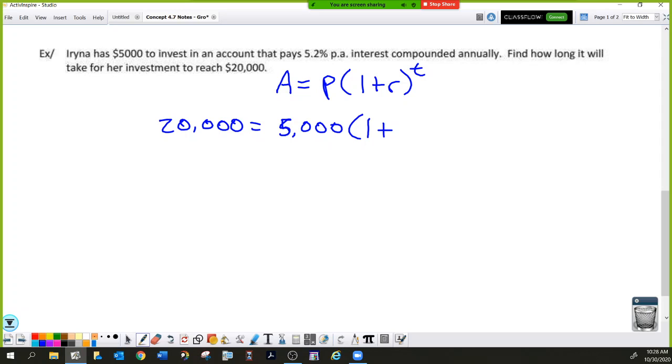You can't use the percent, you must use the decimal format. So our rate is 0.052 raised to an unknown time. So if you divide both sides by 5,000, you get 4. That's easy maths. 4 equals 1.052 raised to the t.